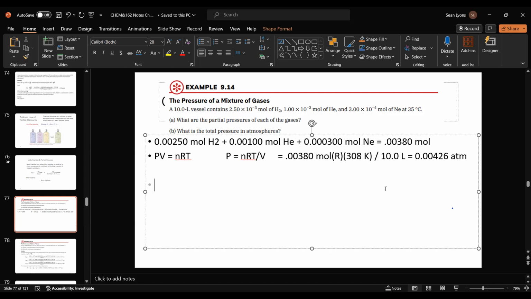But if we want to get the individual pressure, we need to get the mole fraction. So for H2, we would have 0.0025 divided by 0.0038 times the total pressure.